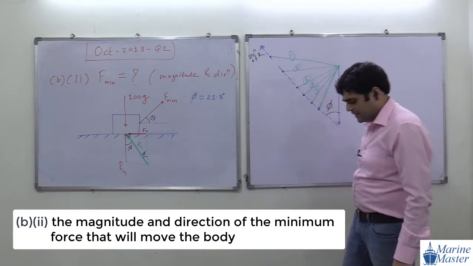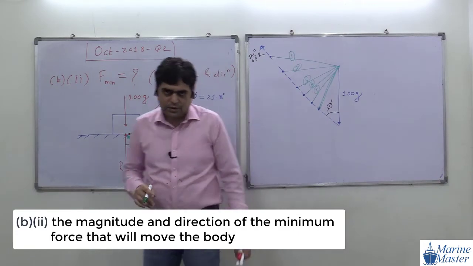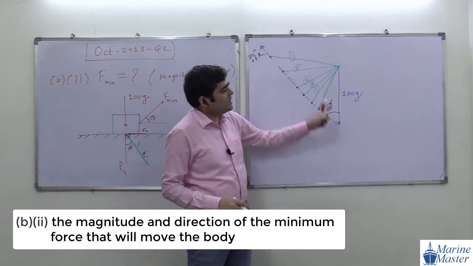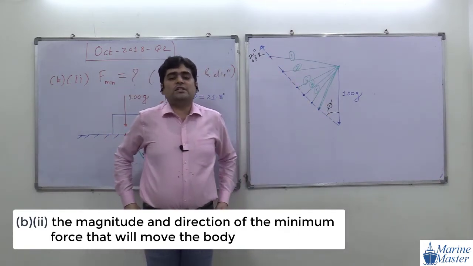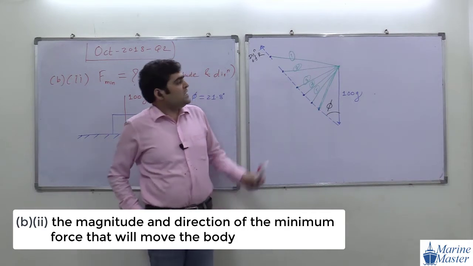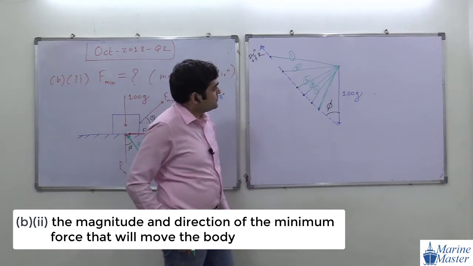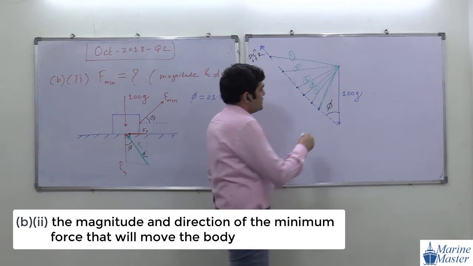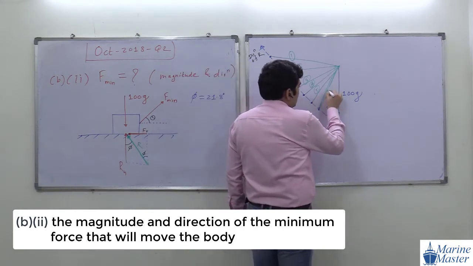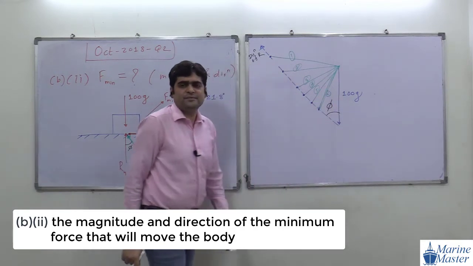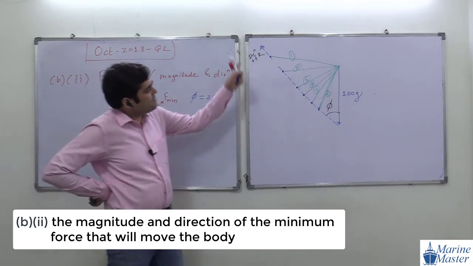Now my question for all of you, guys: out of these F's, which F will be the lowest? Out of these 6 F's, there are a total of 6 F's.